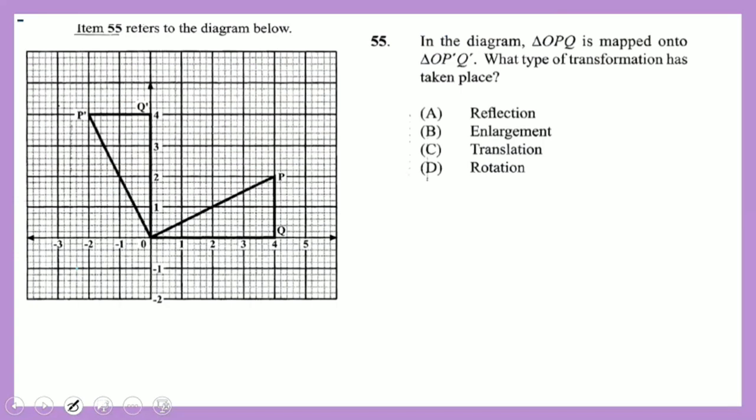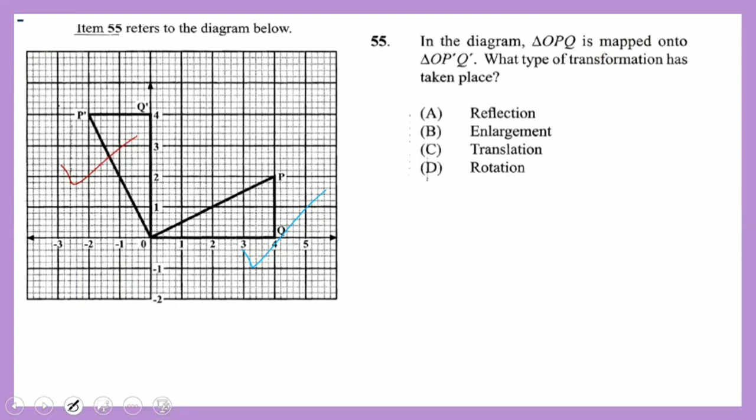Next, let's look at the diagram. Observe that we have one triangle, OPQ. We have another one, OP prime Q prime. It says that this triangle is mapped onto, let me use another ink, is mapped onto this one. What transformation has taken place? Is there reflection? Obviously not. Is there an enlargement? No, sir.